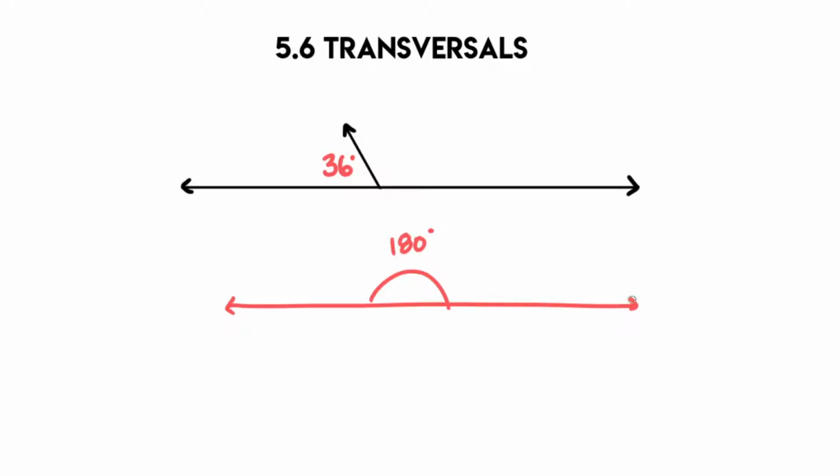That makes our life easy because we know that this total from here all the way over to this side is 180, and we have 36 right here, which means this angle here must be the remainder. So we just do 180 minus 36, which is 144. Let's see, 6 plus 4 gives me 10, plus 30 gives me 180.